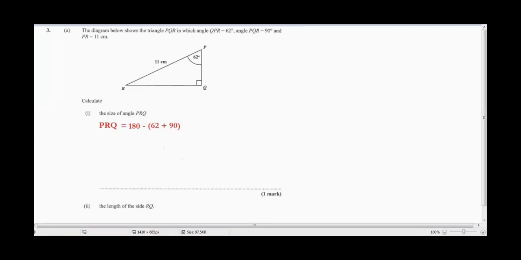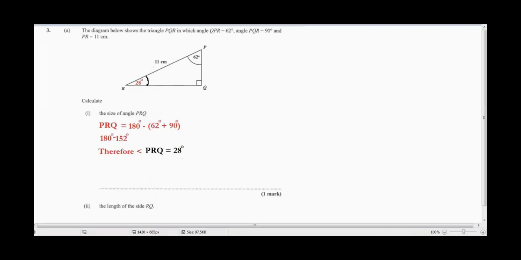So we can say that 62 plus 90 degrees, right? And we're going to take away from, so we can say 180 minus 152 degrees, and this would give us 28 degrees. So therefore, angle PRQ equal 28 degrees.